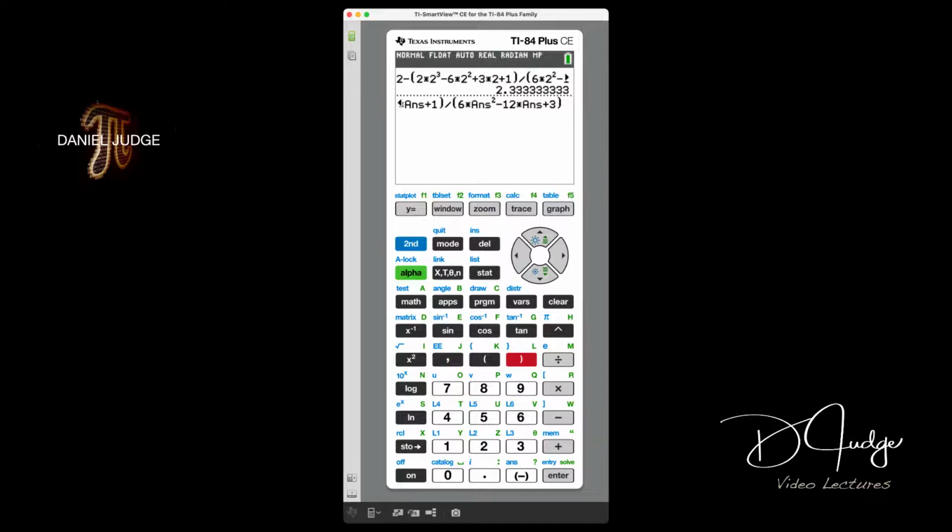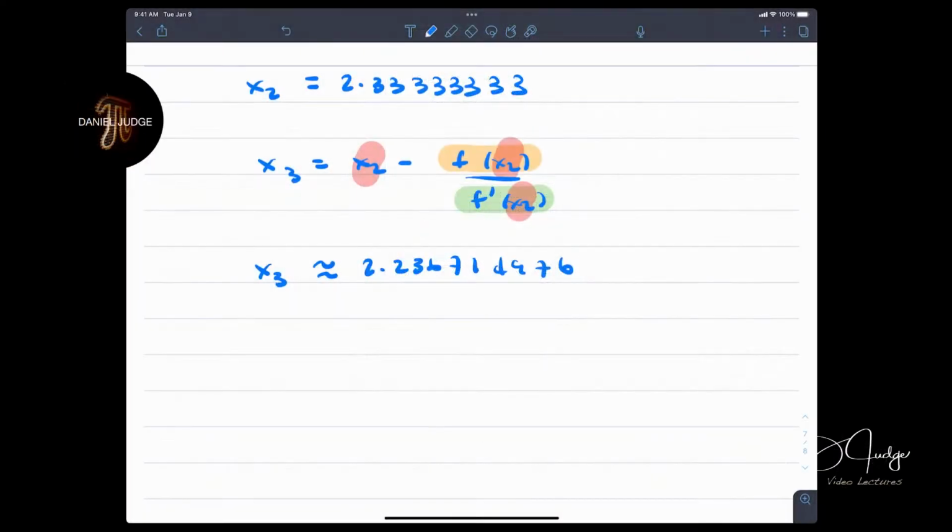Okay. And I'm going to just write this down here on the iPad because I'm going to try to compare digits here. We get 2.236714976. So the point I'm making here is so far after the decimal, we have no repetition. So we're going to need a fourth iteration.